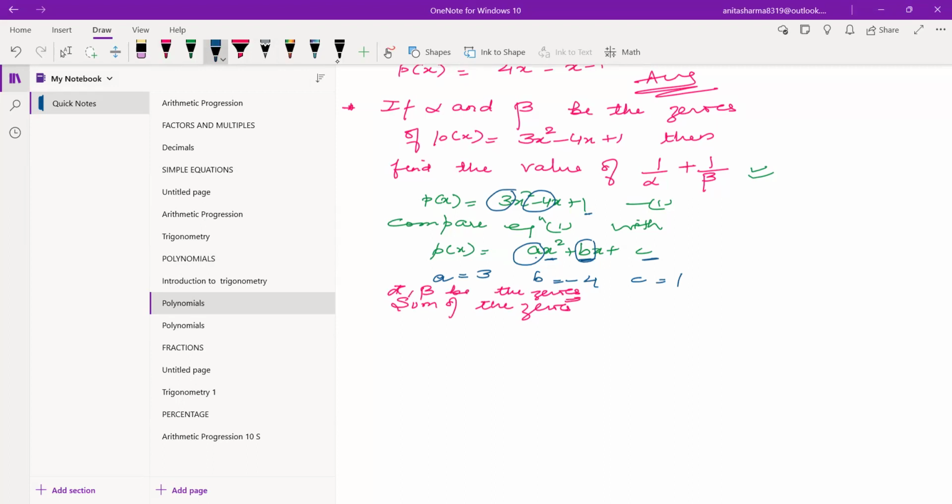So the sum of the zeros, alpha plus beta, is equal to minus b by a. The value of b is minus 4, divided by a which is 3, so it will be 4 by 3. Understood? Speak, children, please.